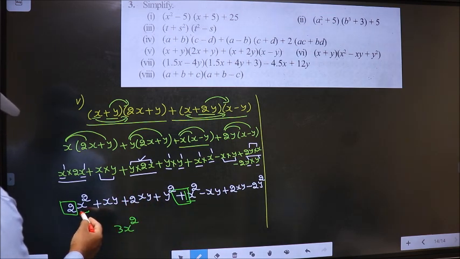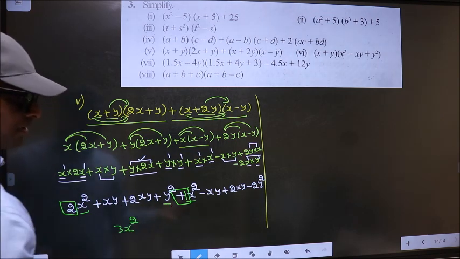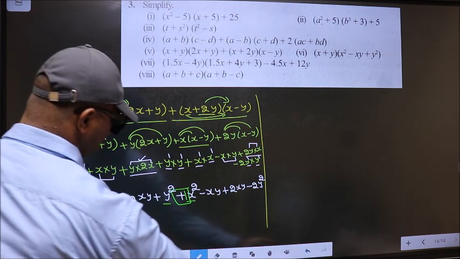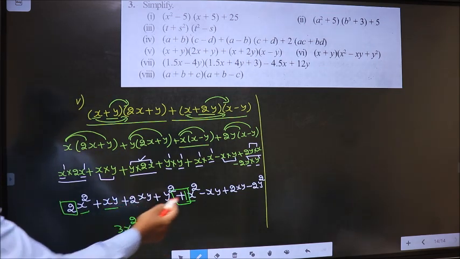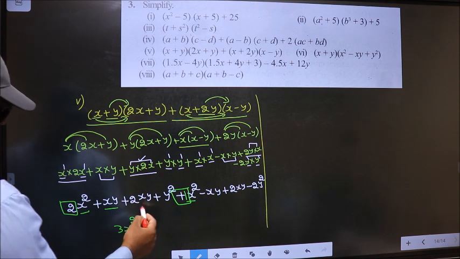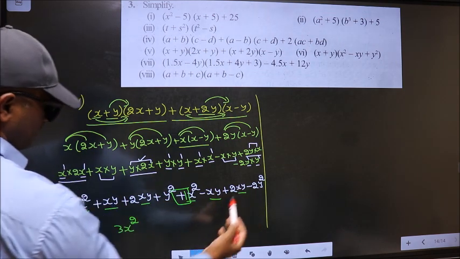Next, after x square we should look at y square term, or else fine. Next term is xy. Do we have xy term anywhere else? Yeah, here and also here and here.